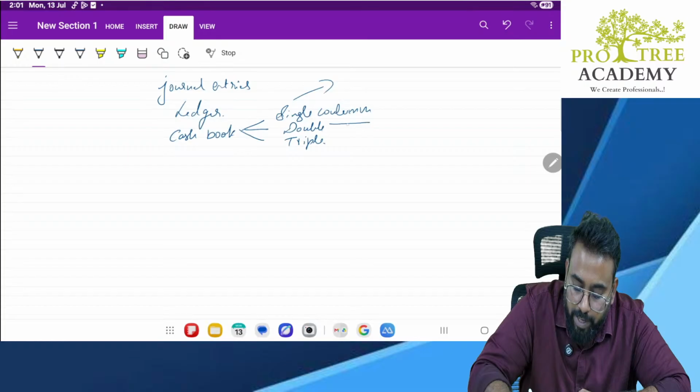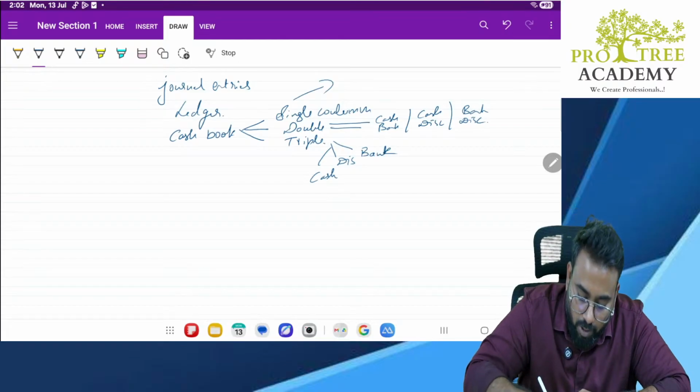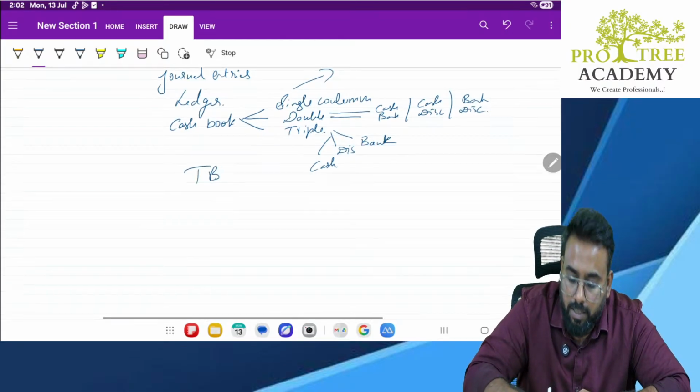In double there will be cash bank or cash discount or bank discount. In triple column cash book, what will be there? Cash, discount, bank. Then we saw trial balance, correct?